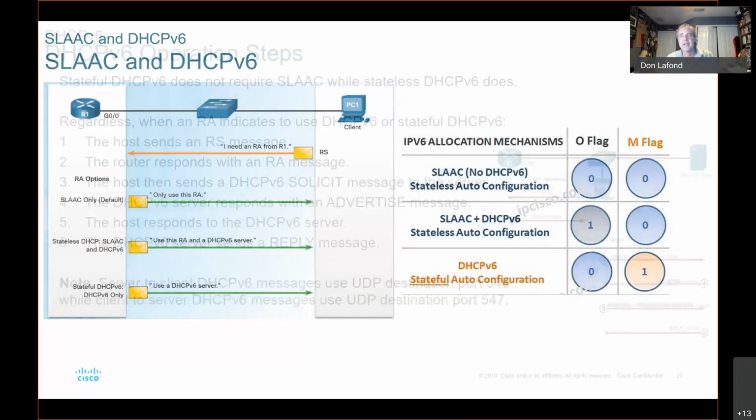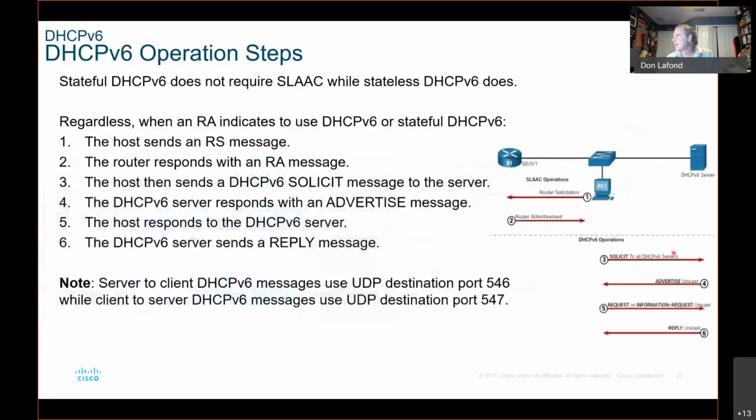It looks like this. So the PC reaches out to the router and says, hey, I need an IPv6 address. The router responds back with a router advertisement, and the PC is then able to create the address completely. That's SLAAC. Now, DHCPv6, that is, it solicits all DHCPs.